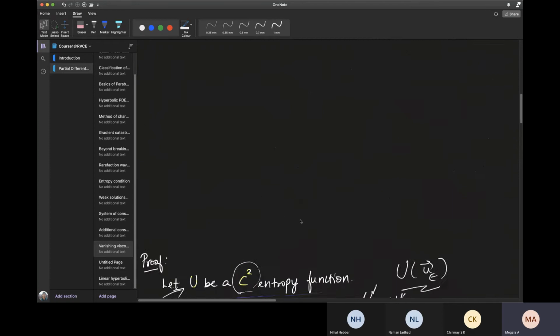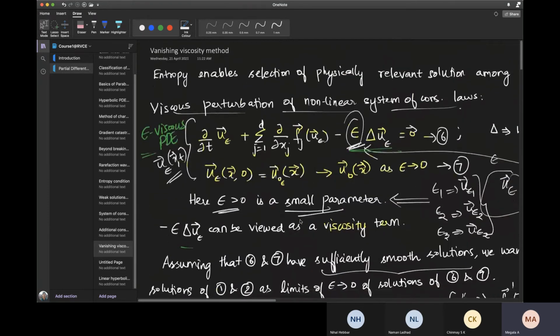Also, any physics-based, proper physical solution will have dampening. The solutions will keep dampening over time and not keep blowing up. Usually this viscous term we write on the right hand side.